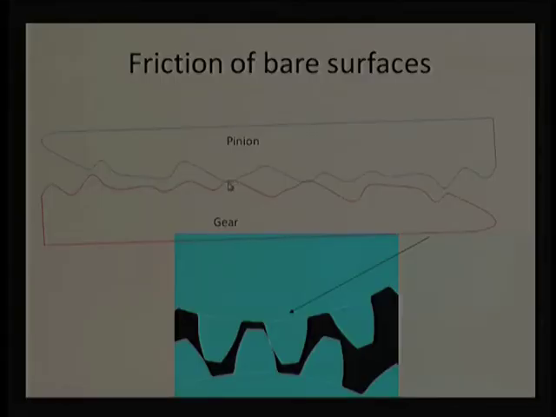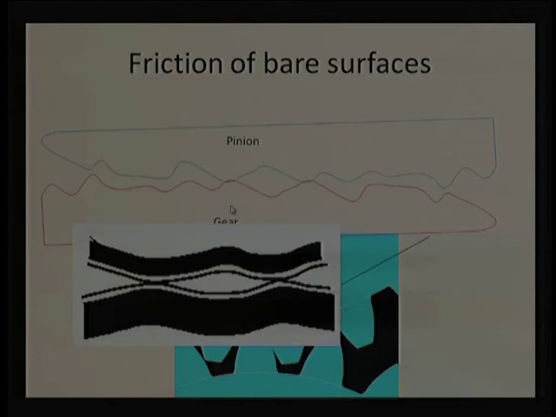So this figure shows this asperity. If we try to penetrate another surface, it will be difficult to remove the pinion from the gear. However, we know very well that in a normal atmospheric condition, there will always be a contaminated layer on the metallic surfaces.